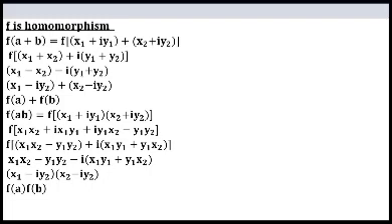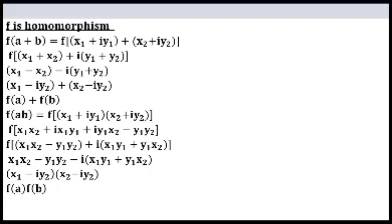Next separating real part and imaginary part, that is f of x1 plus x2 plus i into y1 plus y2. By the definition, this is x1 plus x2 minus i into y1 plus y2. Now the above equation can be written as x1 minus i y1 plus x2 minus i y2, that is f of a plus f of b.